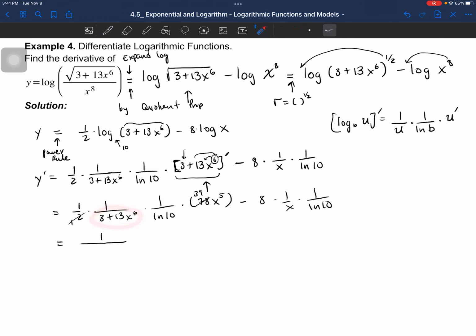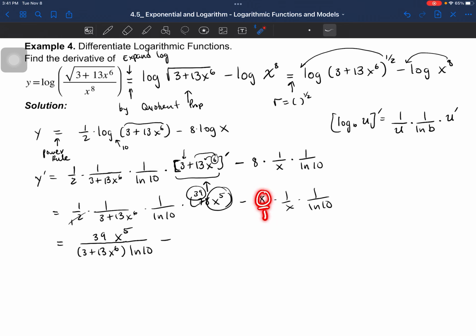We can see that 1/2 and the 78 cancel each other out and give you 39. So therefore we have 1 over 3 plus 13x to the 6. Multiply these two together and multiply these two together. That'll give us 39 times x to the 5th. Don't forget the x to the 5th, and don't forget the 39.